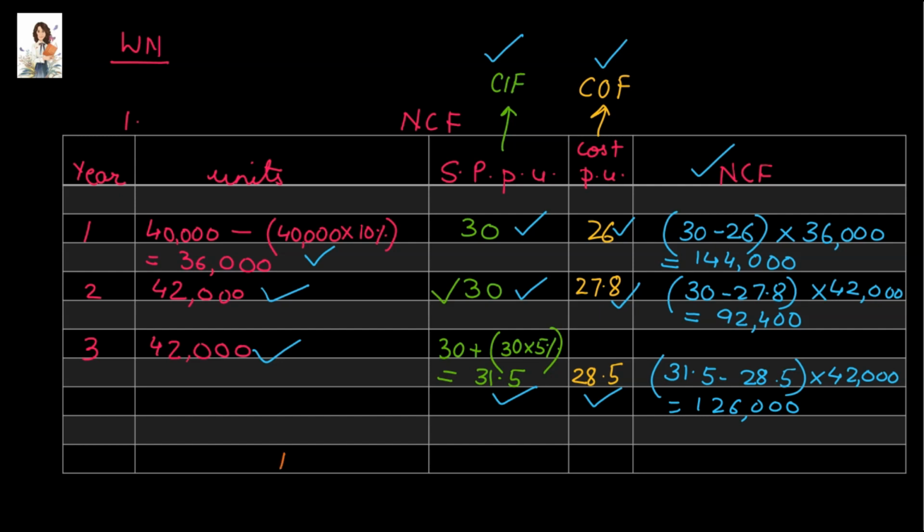Therefore, our total net cash inflow for the replacement machine will be 144,000 plus 92,400 plus 126,000, a total of $362,400.